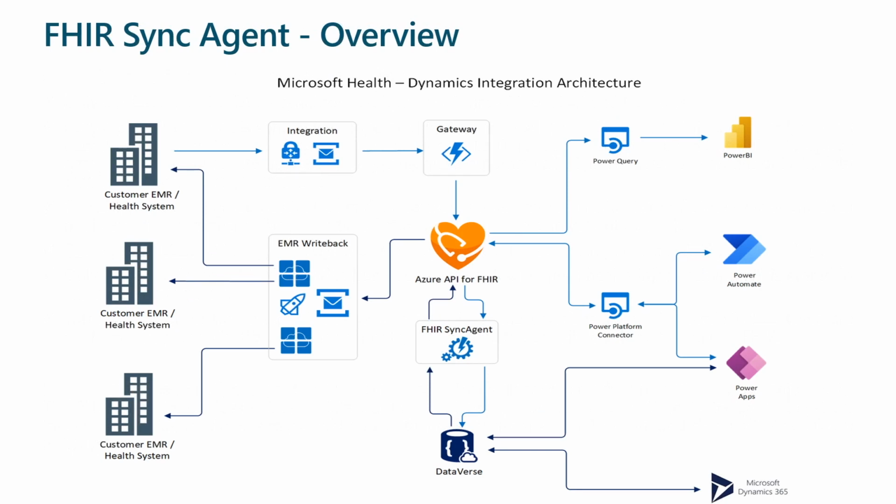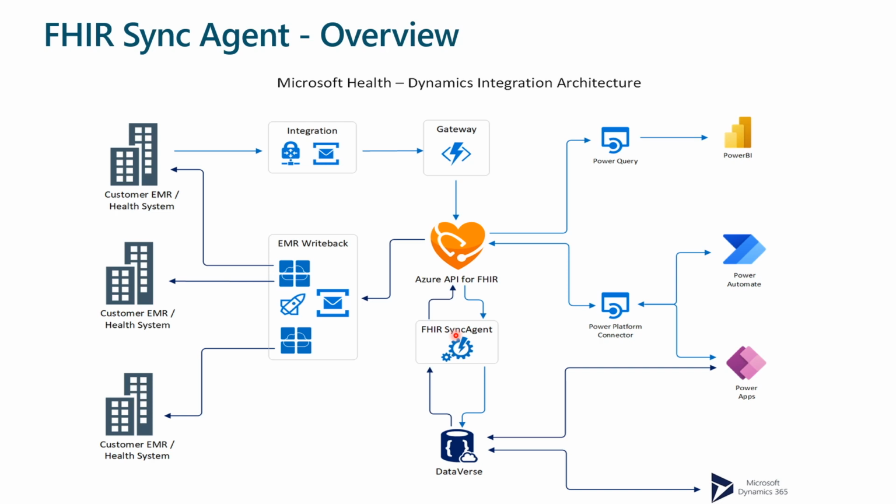Where does this FHIR Sync Agent fit in? If you look at the typical architecture, FHIR Sync Agent is a service that sits between Azure API for FHIR and Dataverse. The data synchronization solution between Azure API for FHIR and Microsoft Dataverse enables you to access Azure API for FHIR data directly in Microsoft Cloud for Healthcare solution, which is powered by Microsoft Dynamics 365.